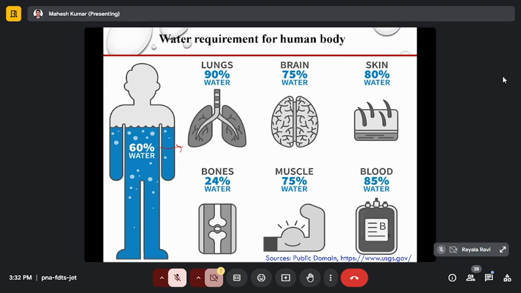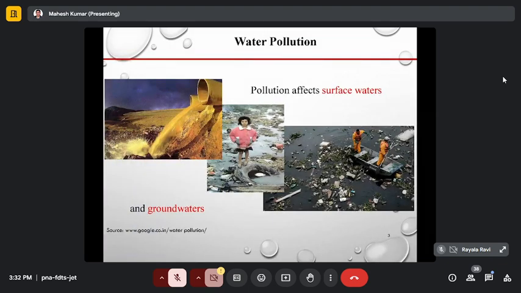Whatever water we are drinking should be clean, because any type of impurity may be responsible for disease. In the last few decades, water quality has degraded, and this degradation is due to humans.